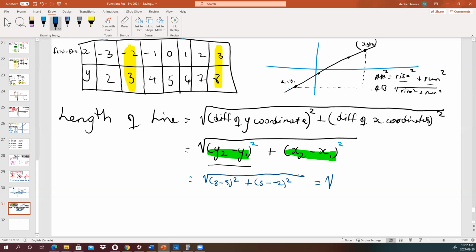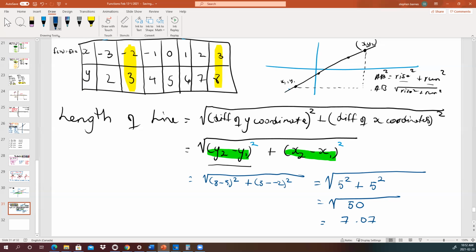That's going to give me 8 minus 3 is 5, 5 squared. So let me just write it. I don't want to shortcut it. And 3 plus 2 is 5. So this is going to give me 25 plus 25 equals 50. The root of 50 is 7.07.